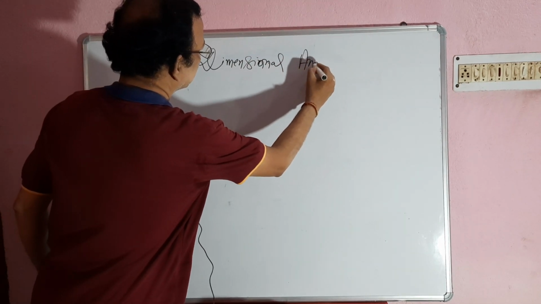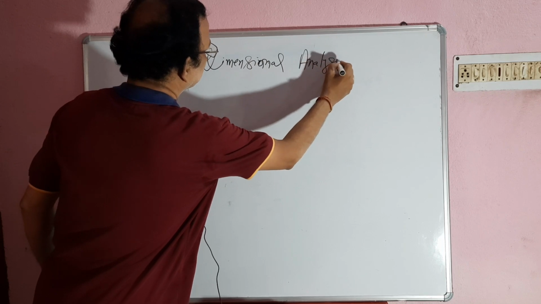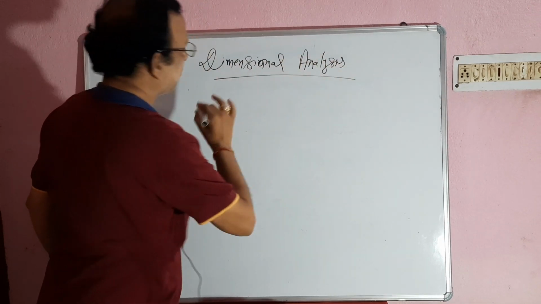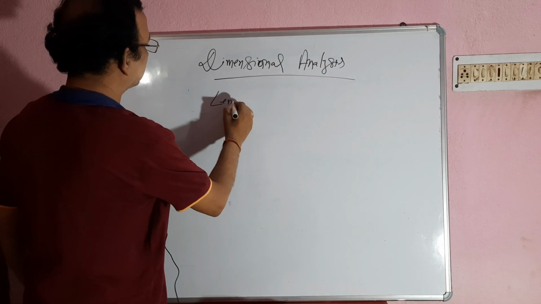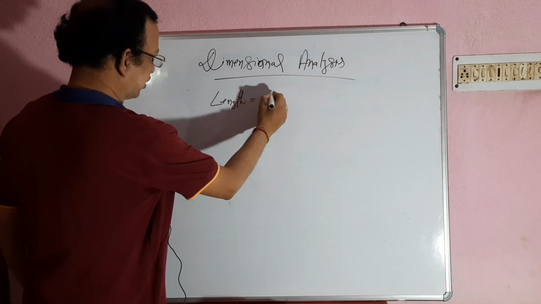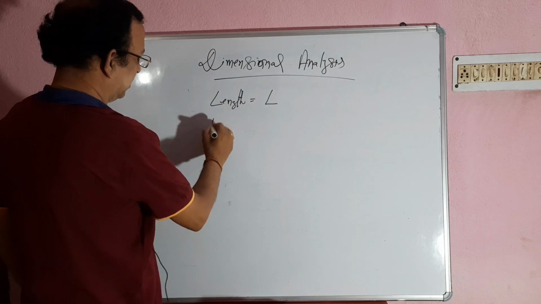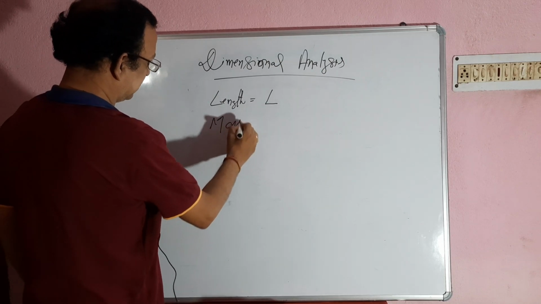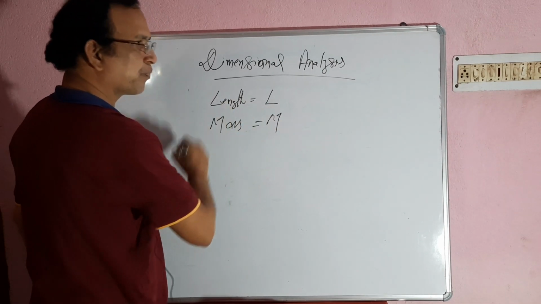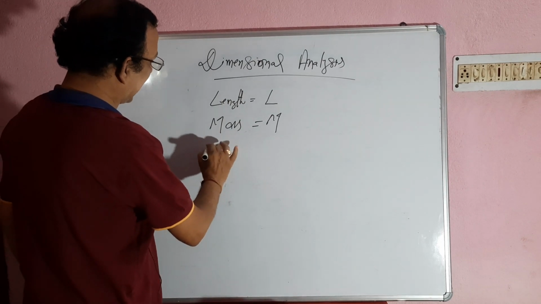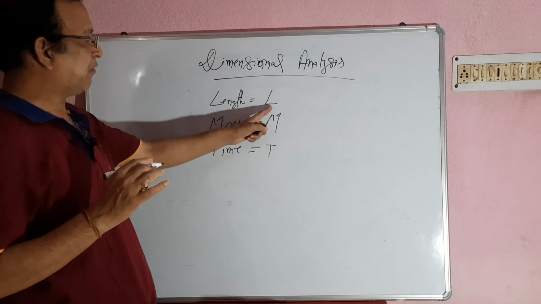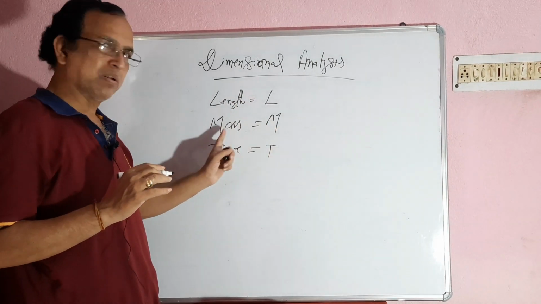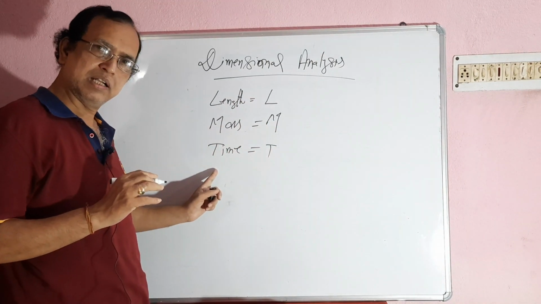For length, the symbol is L, for mass, that is M, for time, T. So L for length, M for mass, T for time.